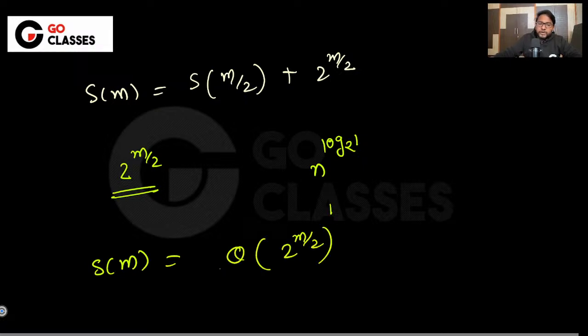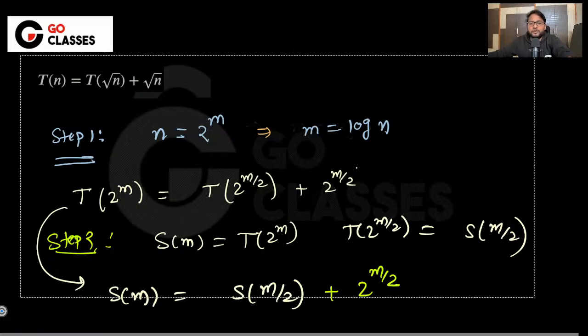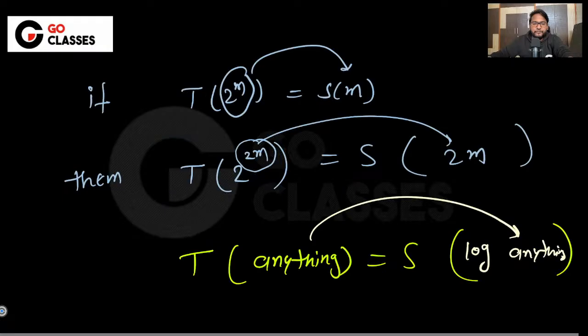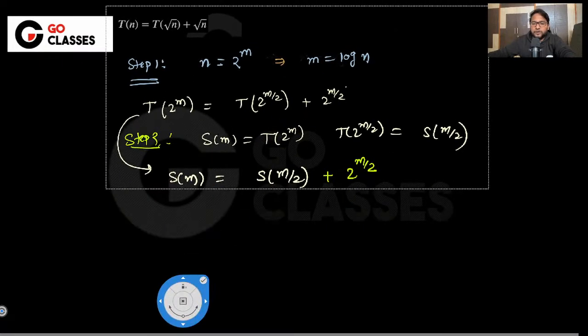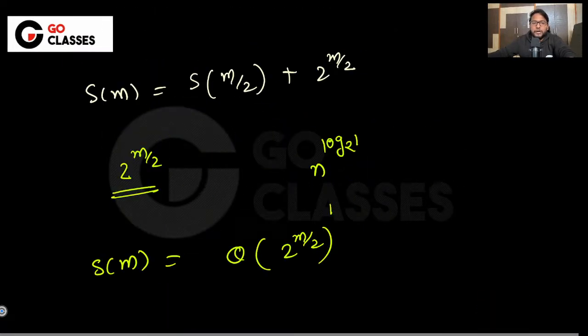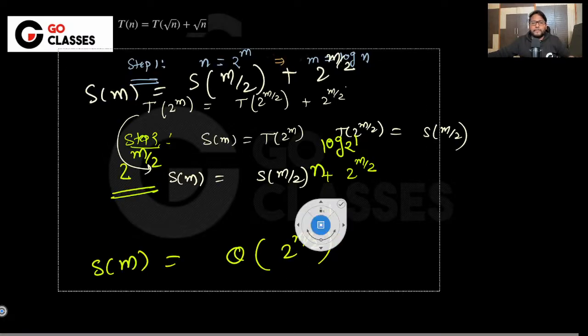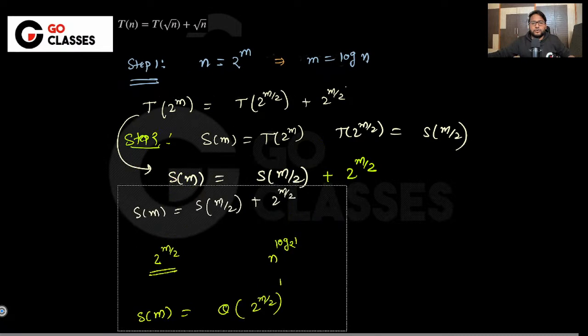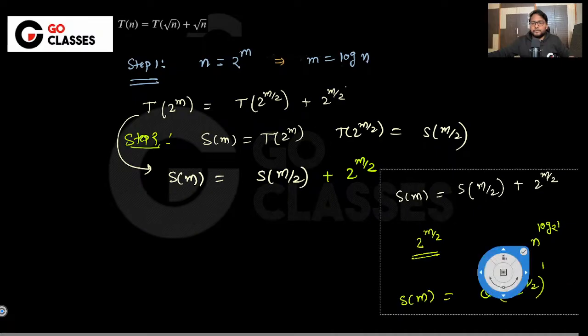But you need the Tn, right? Let me write everything on just one page. You started with this. You said that we will be solving using Sm, and you have got Sm as 2 power m by 2, using the Master's theorem.